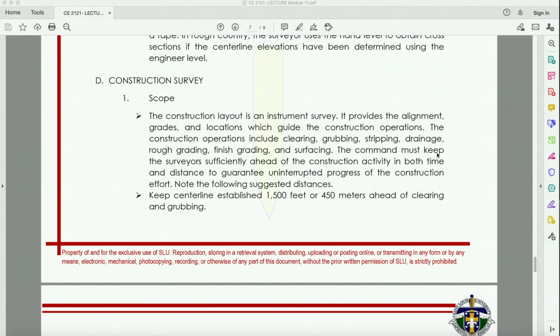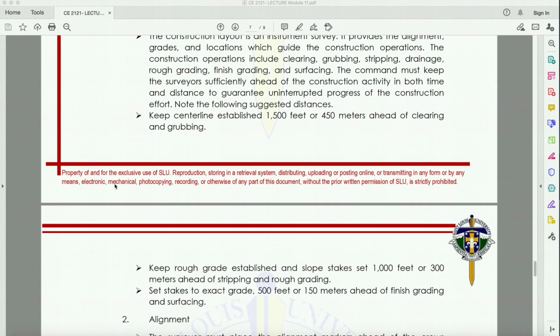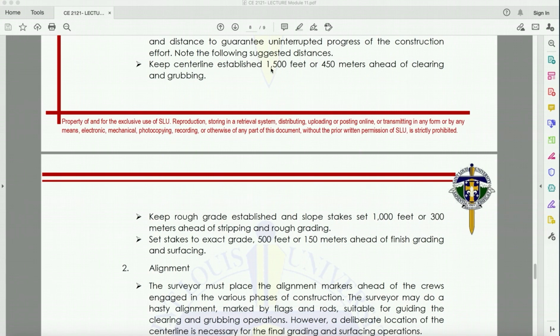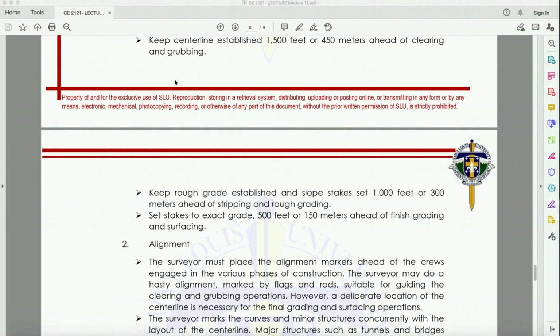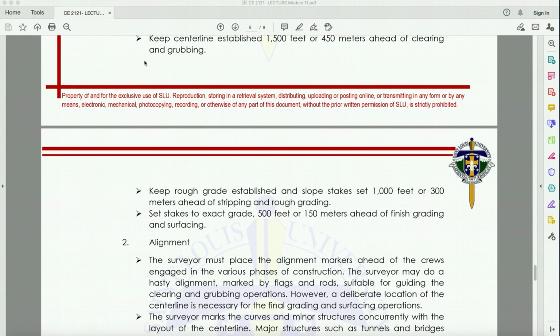Okay? The command must keep the surveyors sufficiently ahead of the construction activity in both time and distance to guarantee uninterrupted progress of the construction effort. Note the following suggested distances. Keep center line established 1,500 feet or 450 meters ahead of clearing and grubbing.